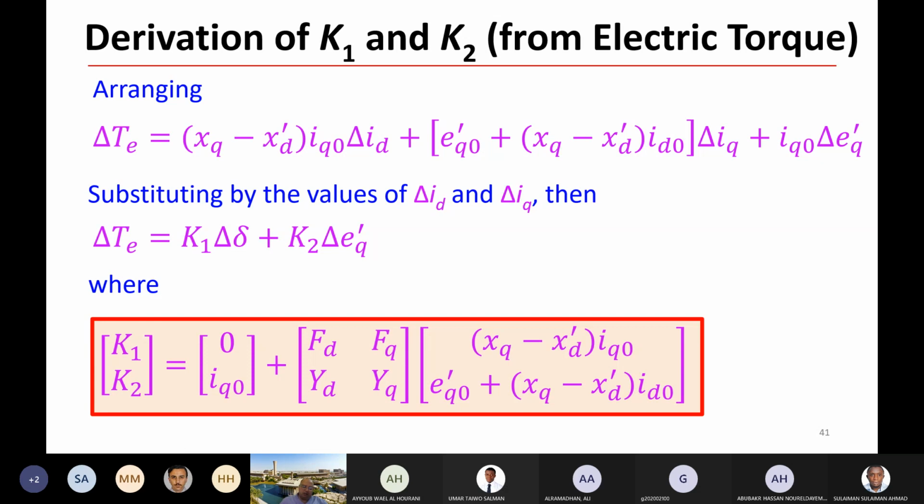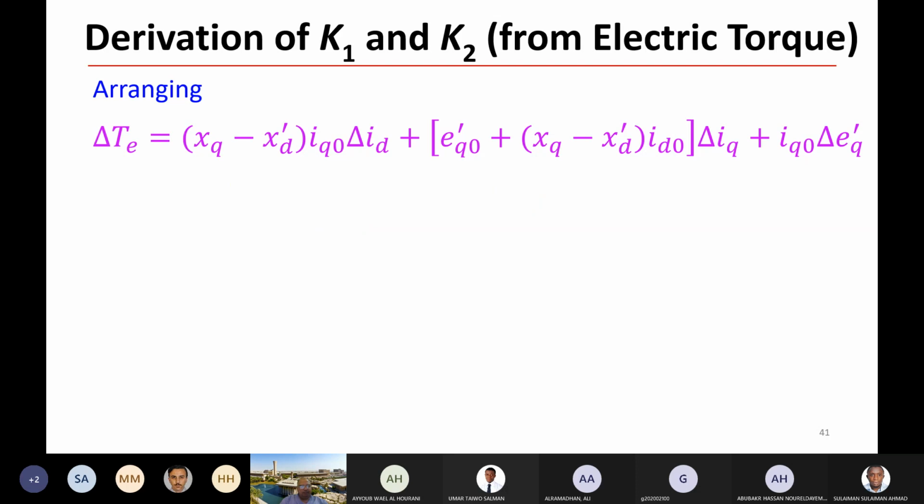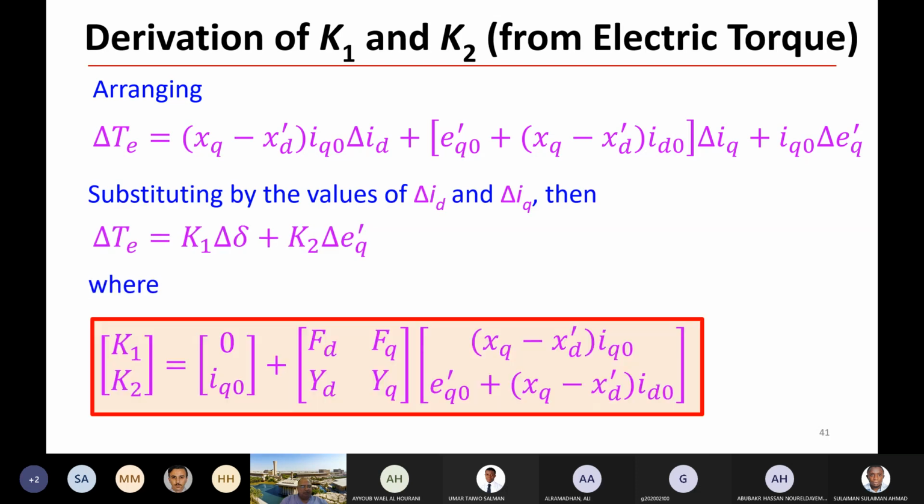Do you have any question? Please don't hesitate to ask. Is it clear how to derive K1 and K2?